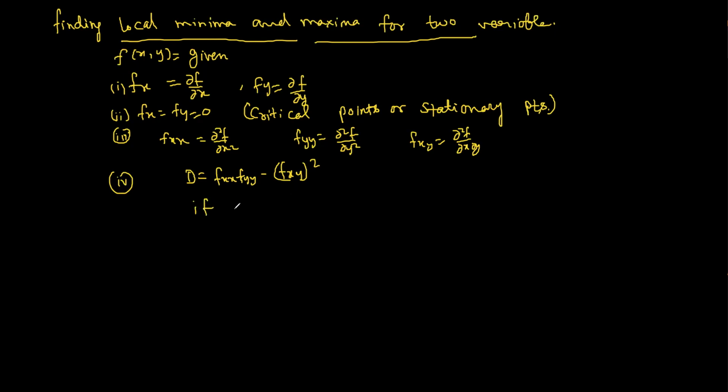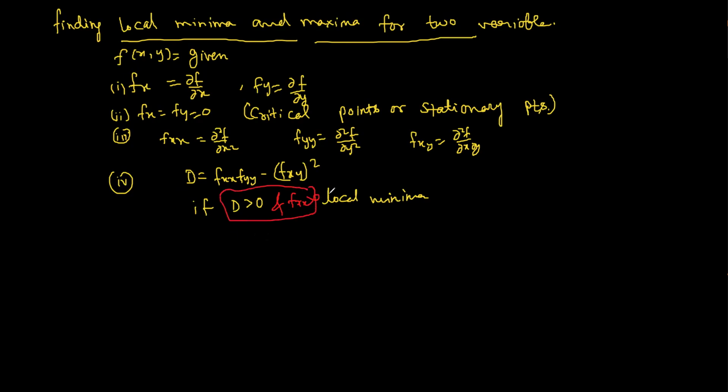If D is greater than 0, you will get local minima. One important thing: you will get local minima only when D is greater than 0 and f double x is also greater than 0.